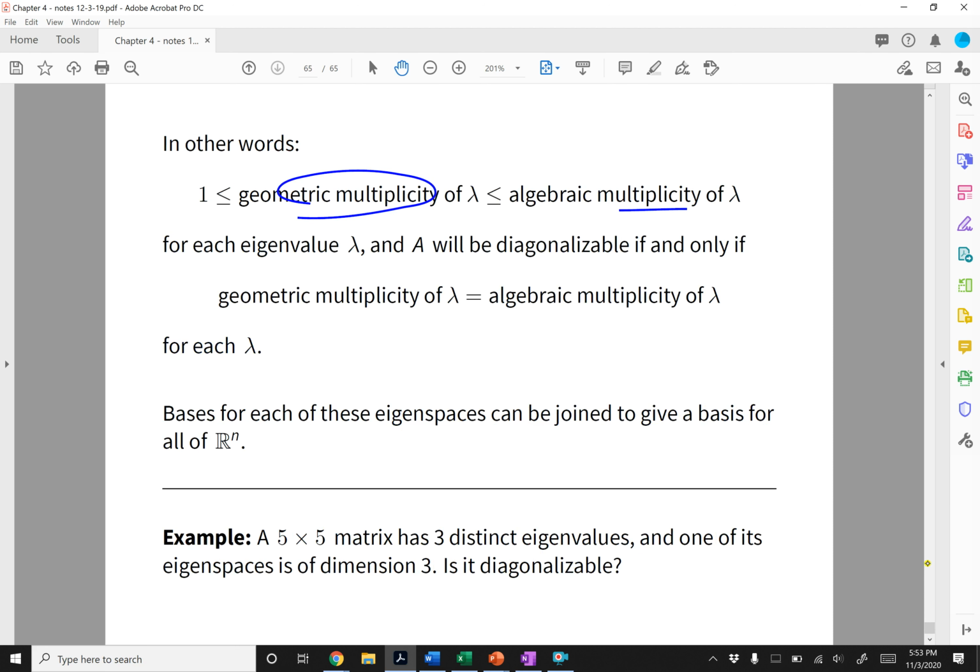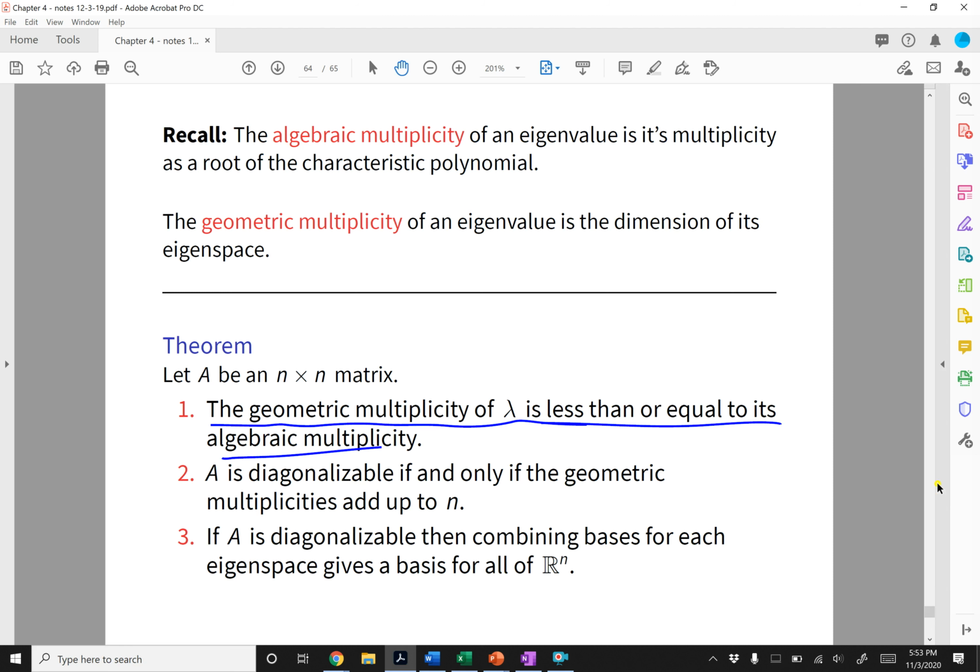So the algebraic multiplicity and the geometric multiplicity have to be the same for all lambdas. The geometric multiplicity can't be more. It's always going to be less than or equal to the algebraic multiplicity.